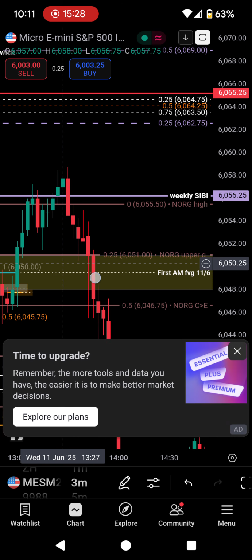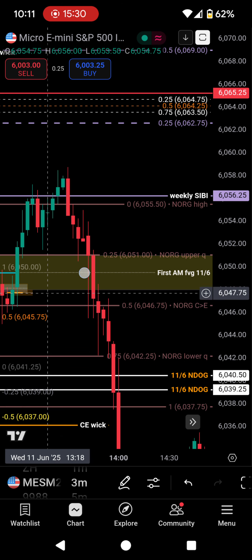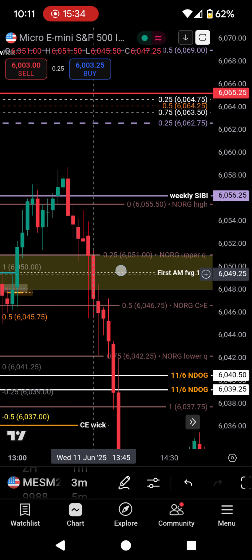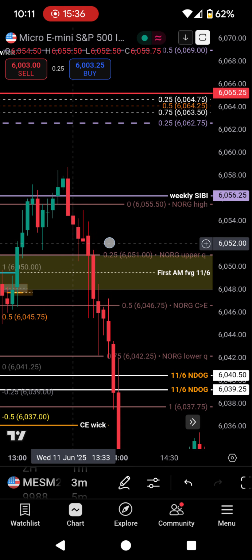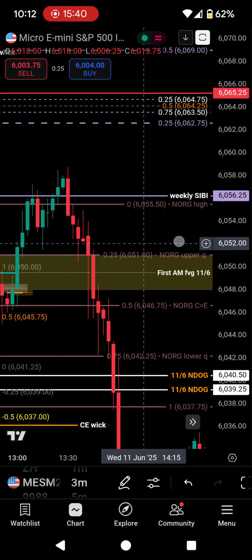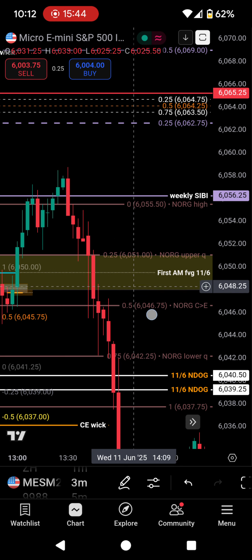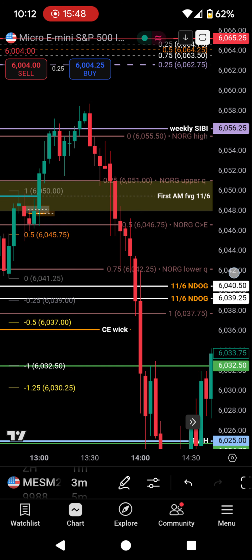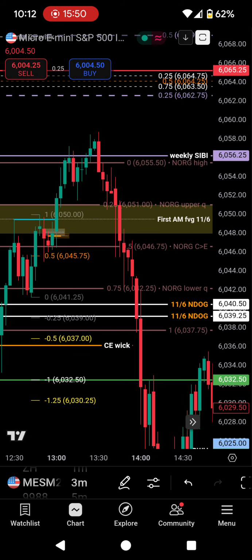Because actually here's a balanced price range plus this CB, this CB inversion fair value gap. So I actually don't expect this fair value gap to be filled. So my stop loss can be just placed above here, 6052. Entry will be 6048, so just 4 handles.